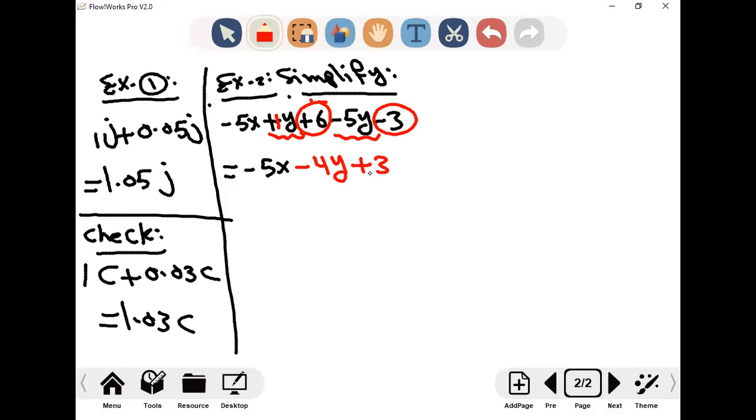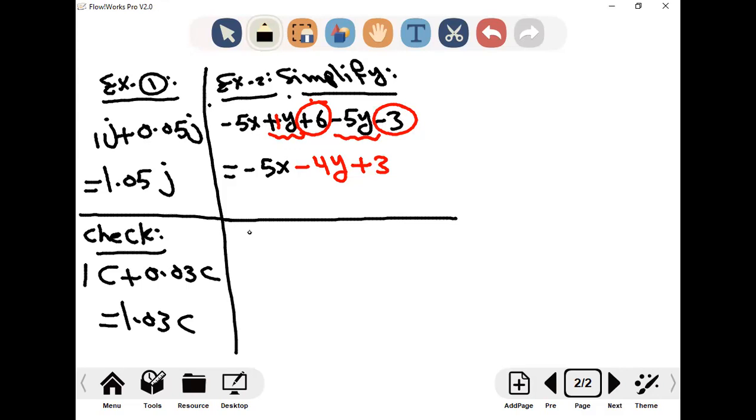So what I did here: the x comes down because I don't have another x, it's not like. The y's together, 1 minus 5, negative 4. And the numbers together, 6 minus 3, plus 3. Right? Did we understand? Let's do the check after this example.